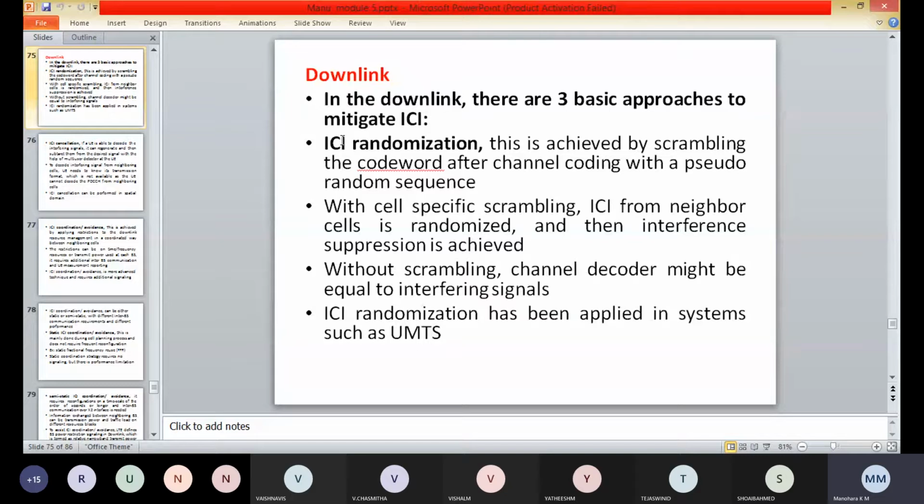With cell specific scrambling, the ICI from the neighboring cells is randomized, and then interference suppression is achieved.